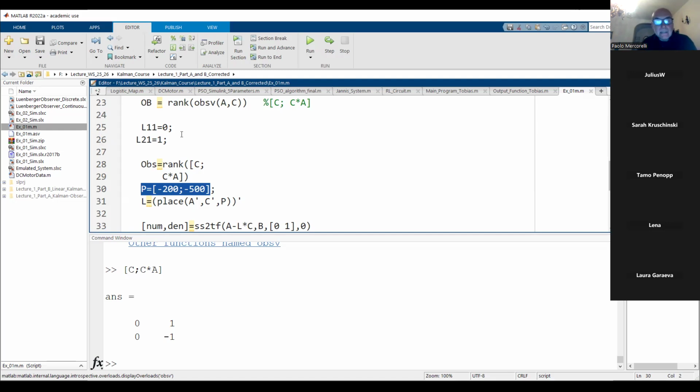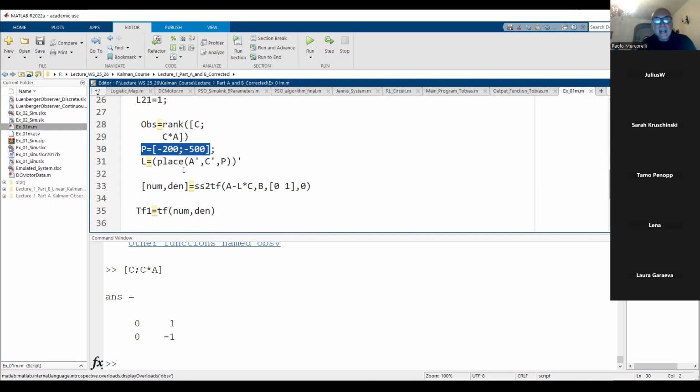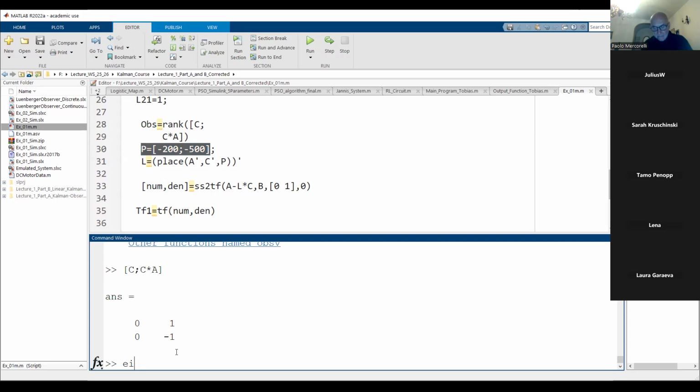Let me calculate, if you want, the eigenvalues of the system. The eigenvalues of the system in MATLAB can be calculated in this form. EIG, eigenvalues of the matrix A. The matrix A characterizes the system. Minus 1, minus 1. Two eigenvalues, but we have the same values.